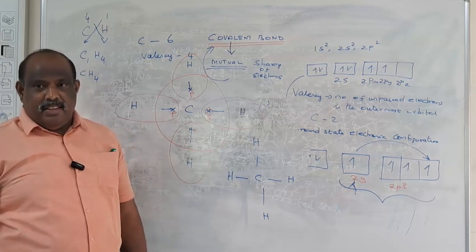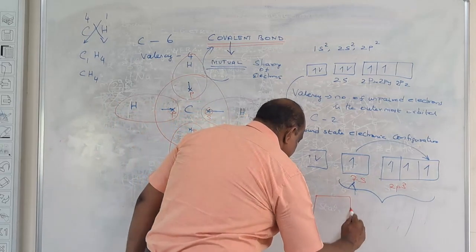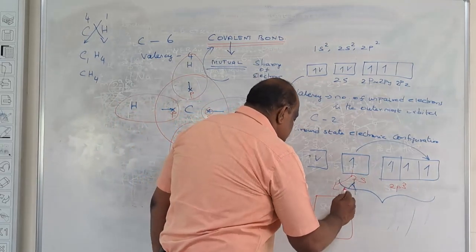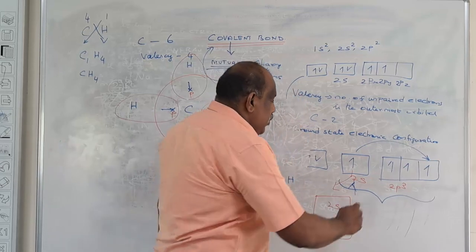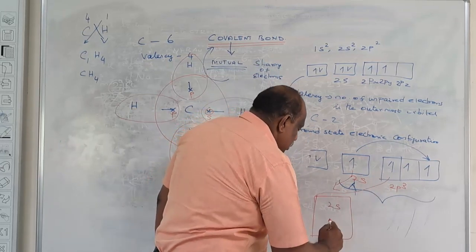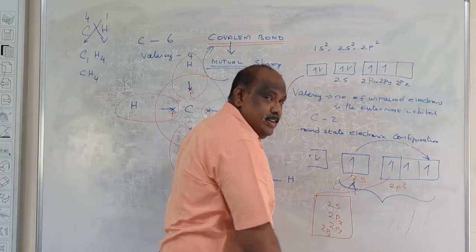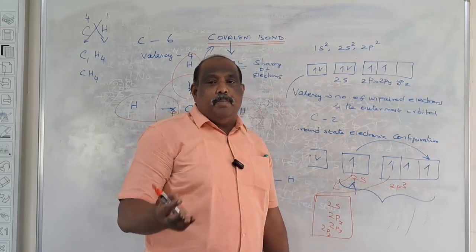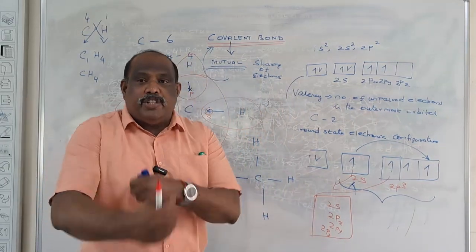But how? Now the concept of hybridization comes into the picture. You put this one 2s electron into a box, 1, 2s. You put 3 electrons from the 2p level, 2px, 2py, 2pz. Don't worry about the 2, it is nothing but your principal quantum number. So 1 s electron and 3 p electrons, I am going to shake well.